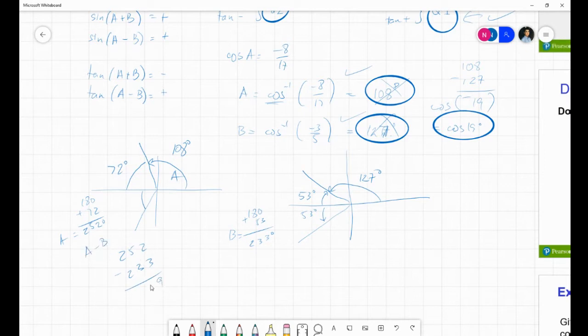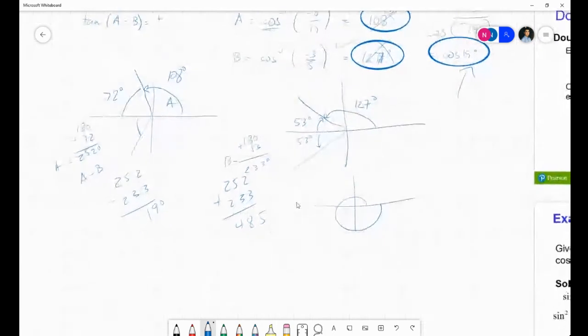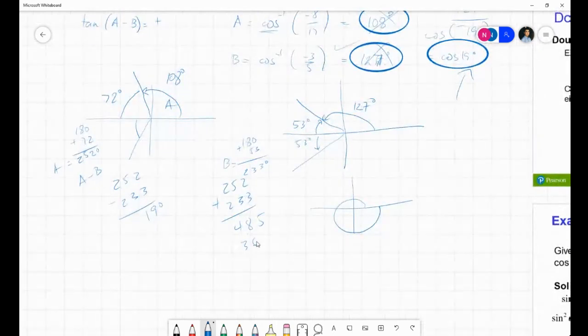So this would be 19 degrees, just like we did before. Then if we do 252 plus 233, that's 485, which is one complete revolution plus extra. Subtracting 360, that's 125, so it's all the way over here, in quadrant 2.